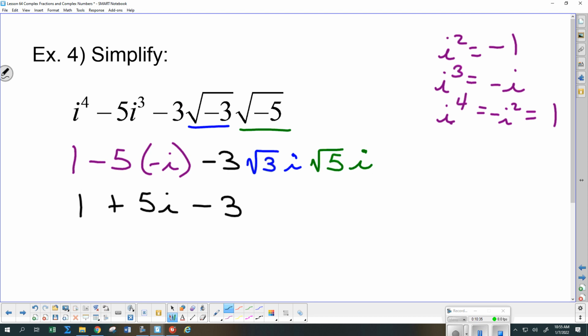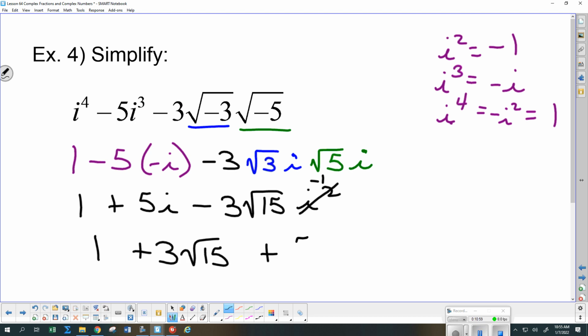3 times the square root of 3 times the square root of 5, so that's a square root of 15, times an i squared, but what's i squared again? Negative 1. So if that's a negative 1, that means that this becomes a plus 3 root 15, and we still have the 1, and we still have the plus 5i.